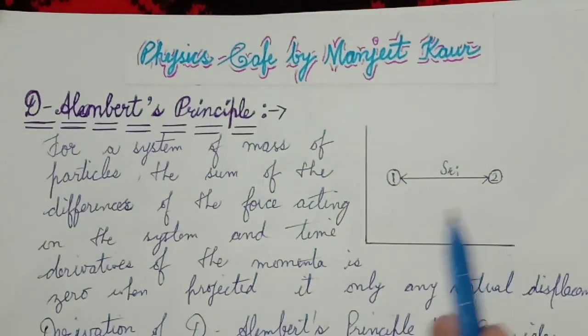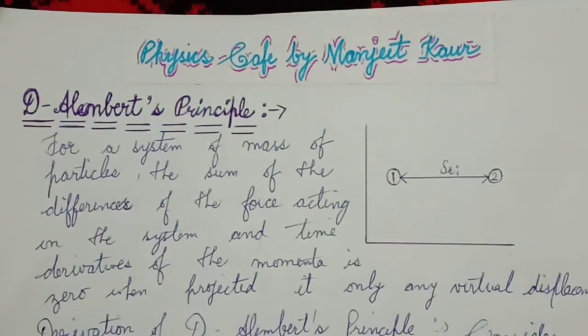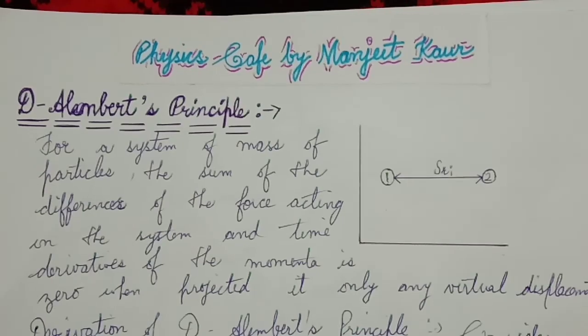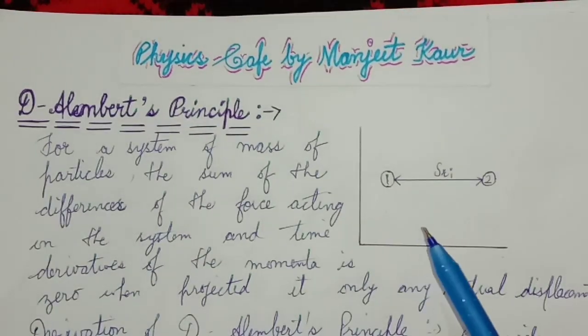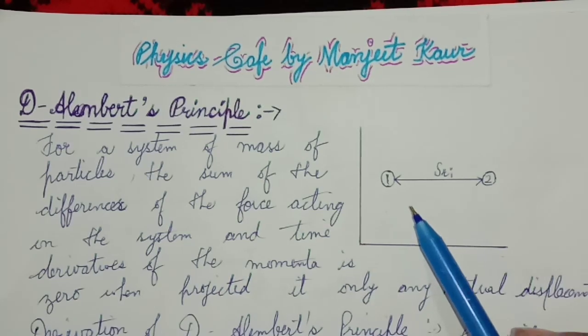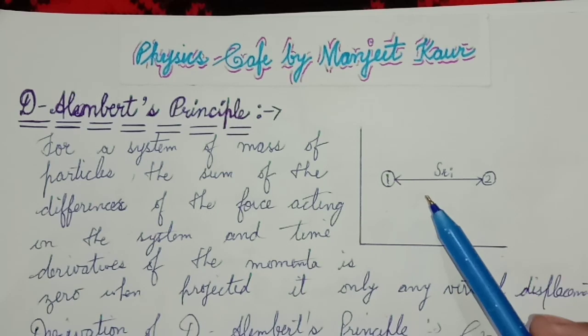This is our diagram in which we have a number of forces and a number of particles. So we have two types of forces. First is applied force and second is constraint force. And we have two types of cases. First is equilibrium and second is dynamic.